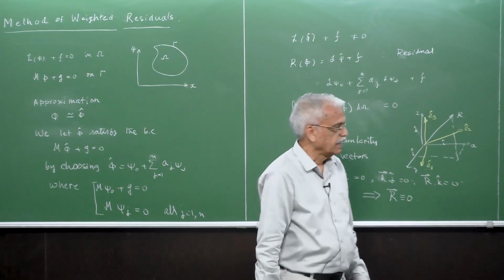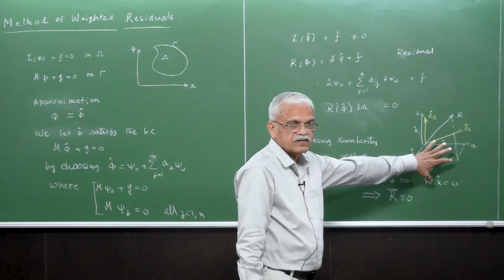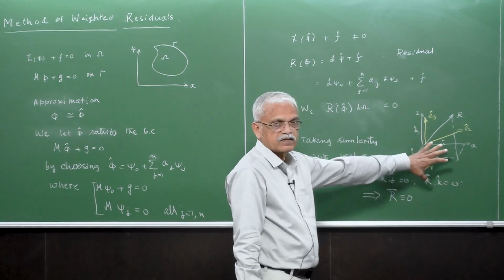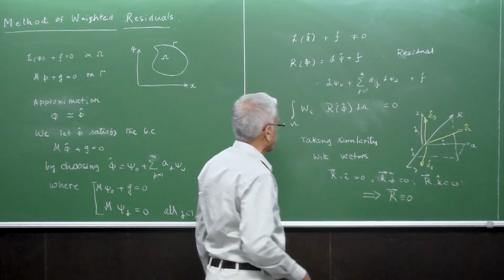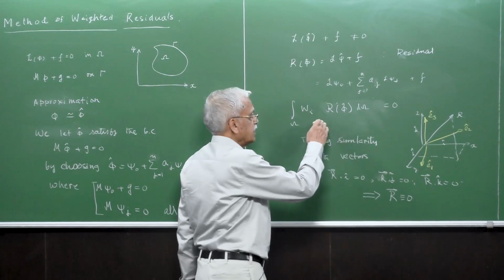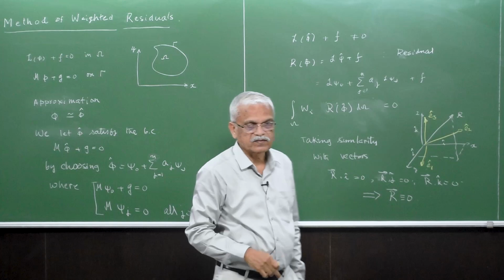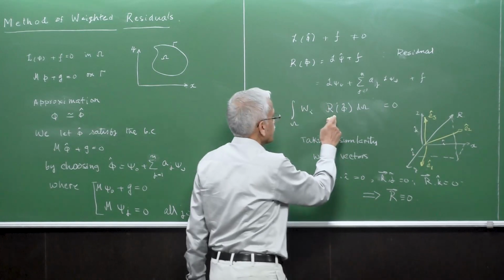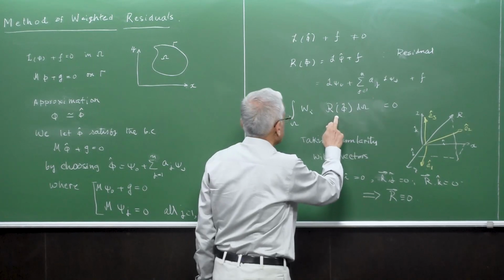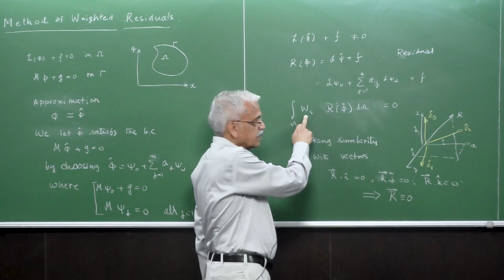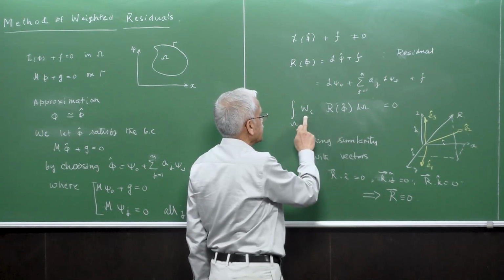Okay, so this is as far as vector algebra is concerned. This is called a finite dimensional space. It can be extended to n, but still it's finite dimensional. So the same analogy will be applied to the functional space. In this functional space, R is the error or residual, and R is taken as an inner product and is 0.